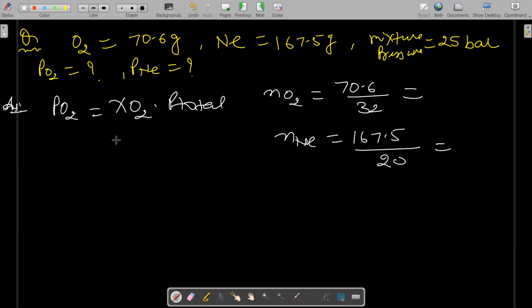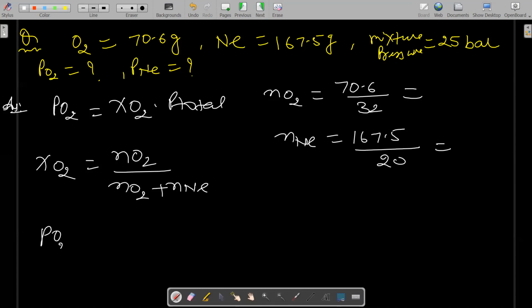Then calculate the mole fraction of oxygen, that is the number of moles of oxygen upon the number of moles of oxygen plus the number of moles of neon, that is total moles. If you can calculate one, there is no need to calculate the second. Simply calculate the mole fraction of oxygen and then calculate the partial pressure of oxygen by putting these values and P total.